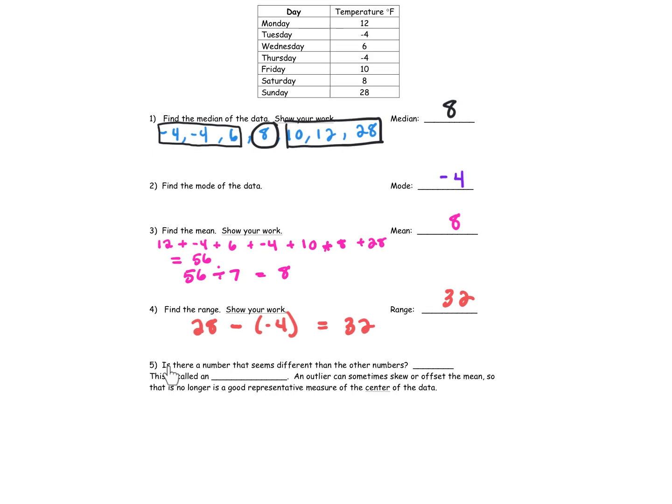Our last question says, is there a number that seems different than the other numbers? And you may have noticed as you looked at the temperatures that 28 was much higher than all of the rest of the numbers. When we have an extreme number, a number that's different than the rest of the data, we call that an outlier.